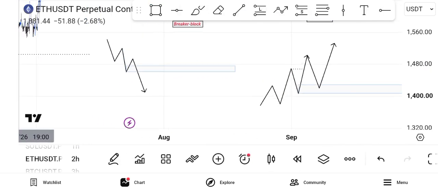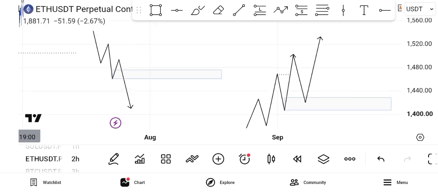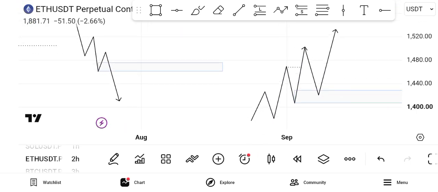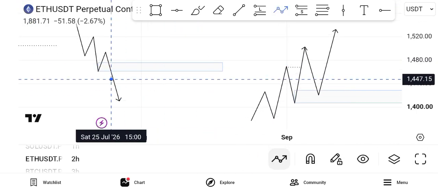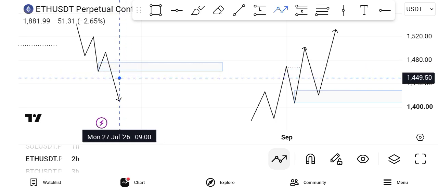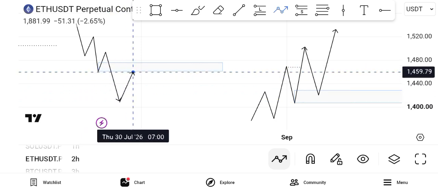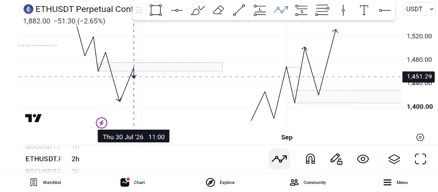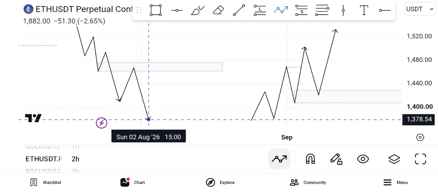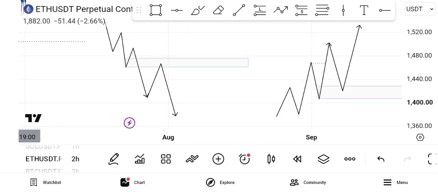As the price continues to move downwards, if this breaker block is high probability, the price will respect the breaker block point and bounce all the way down to continue in the initial direction.